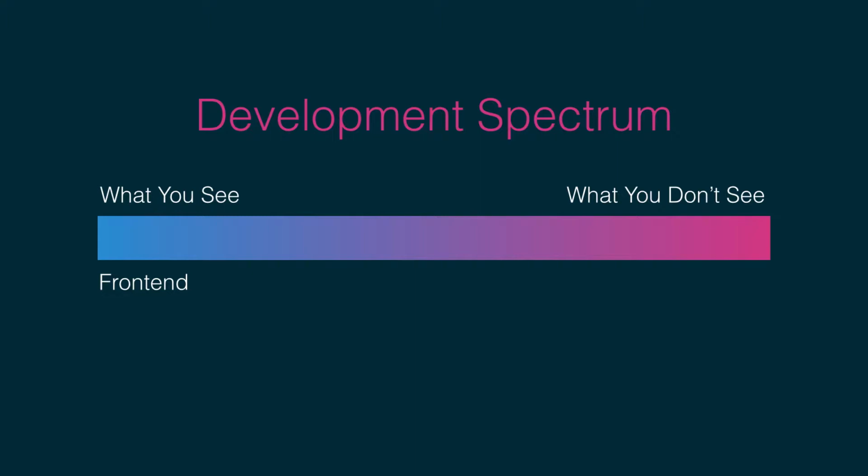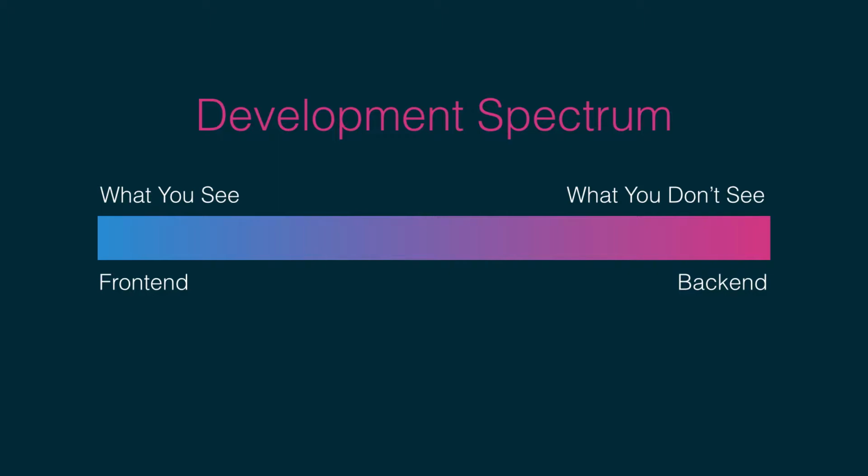What you see is best equated to front-end development. And there's always this question, what is front-end? What is back-end? I'll be the first one to tell you that there really isn't a very clear divide. The best divide that I can come up with is that front end is what you see, and back end development is what you don't see.